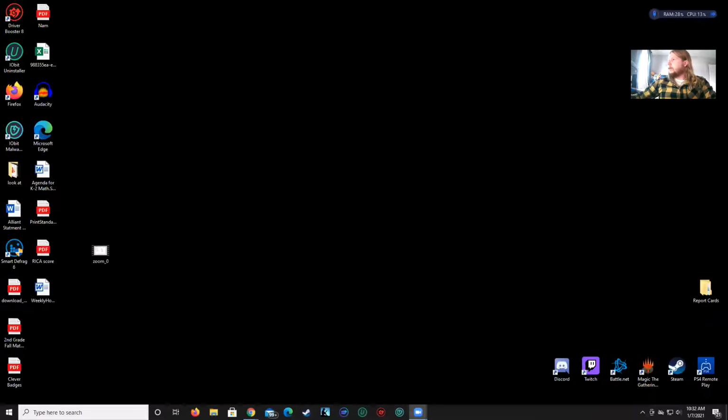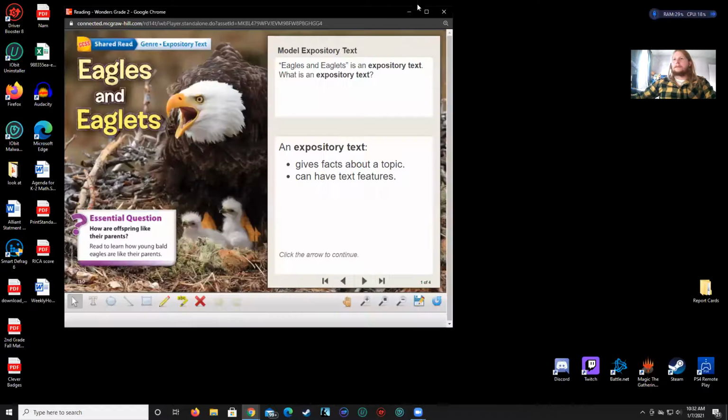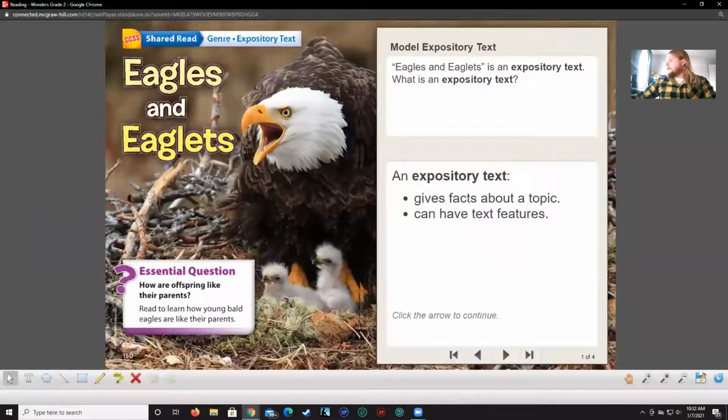So the first thing we're going to do is I'm going to share my screen and we're going to talk about expository text. All right. So an expository text gives important facts about a topic.